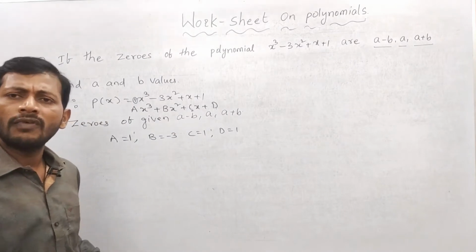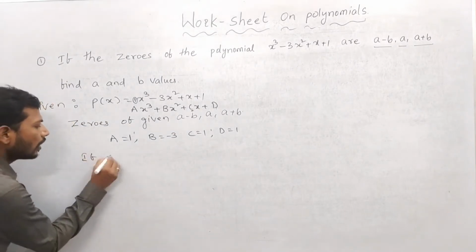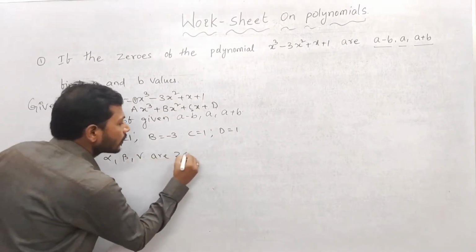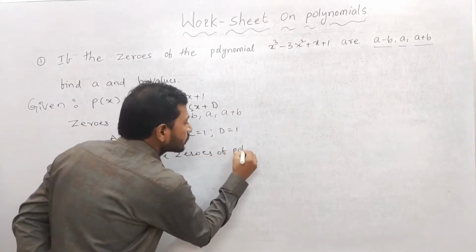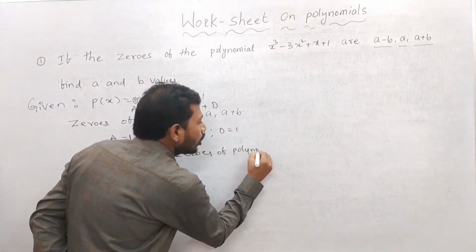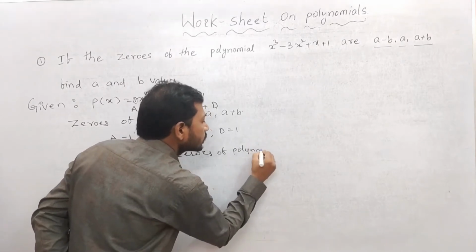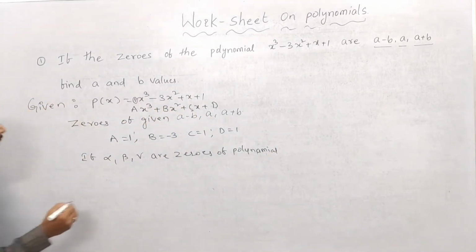Then apply the formula. What is the formula? If alpha, beta, gamma are zeros of the polynomial, then what is the formula?